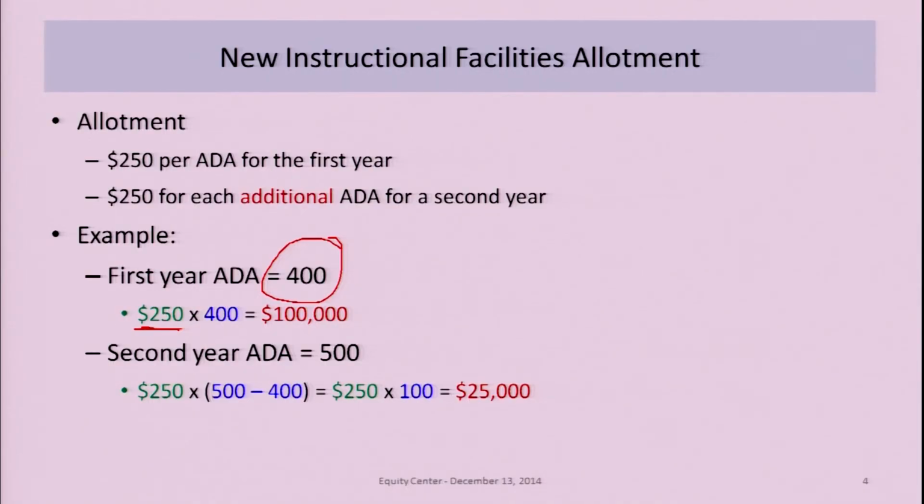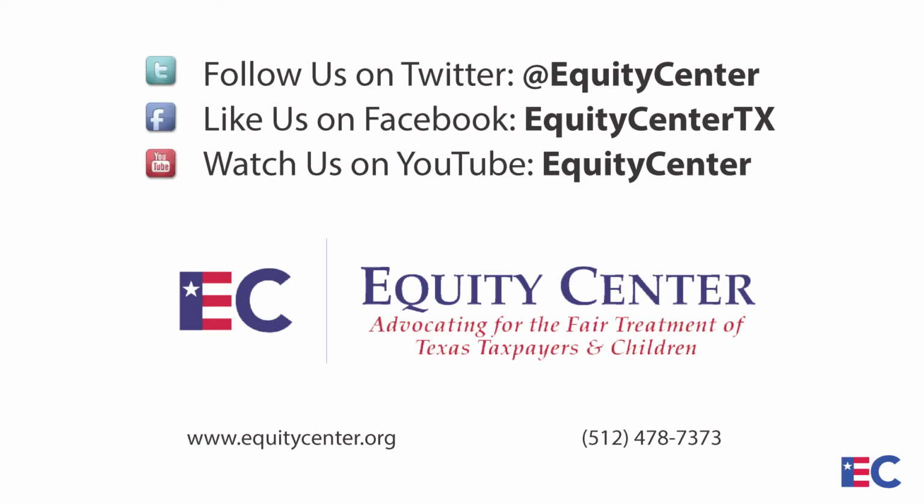So in our illustration here, let's say that the second year the campus had 500 ADA. And that's 100 more than you had in the first year. So you only get the $250 on that additional 100 ADA. So 250 times the additional 100 ADA, $25,000. And that's it.